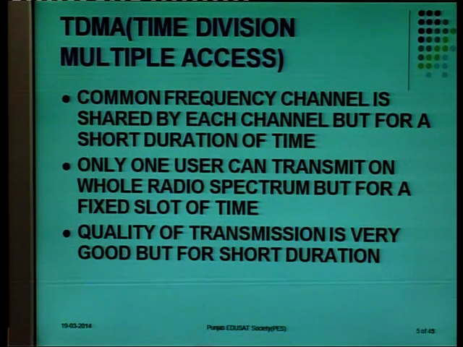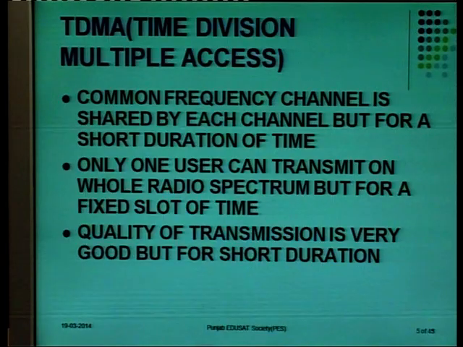For that short duration of time, each channel will share the common frequency spectrum, and only one user can transmit on the whole radio spectrum for a fixed slot of time. At a time, only one user's transmission will be there on the whole radio spectrum for the fixed slot of time.